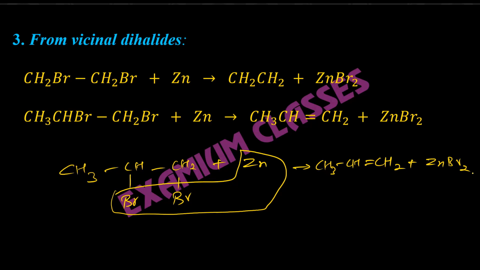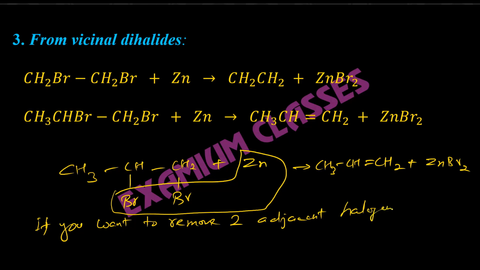So write it down. If you want to remove two adjacent halogens, use zinc.